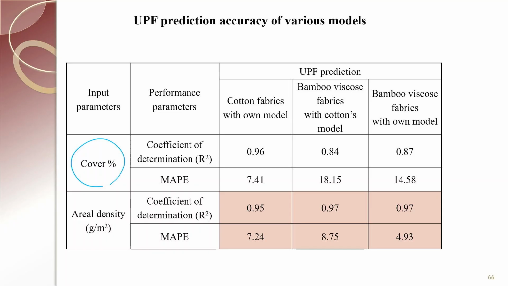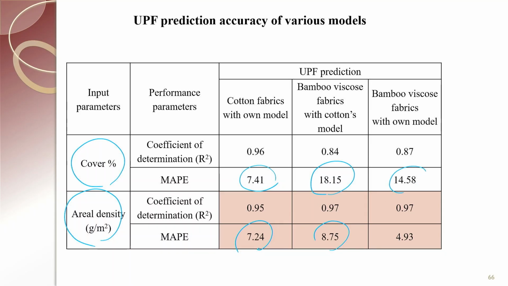In the cover factor model we see the error is higher than the areal density model for cotton, although it is low, but for bamboo viscose using the cotton model, it is much higher than its own model.